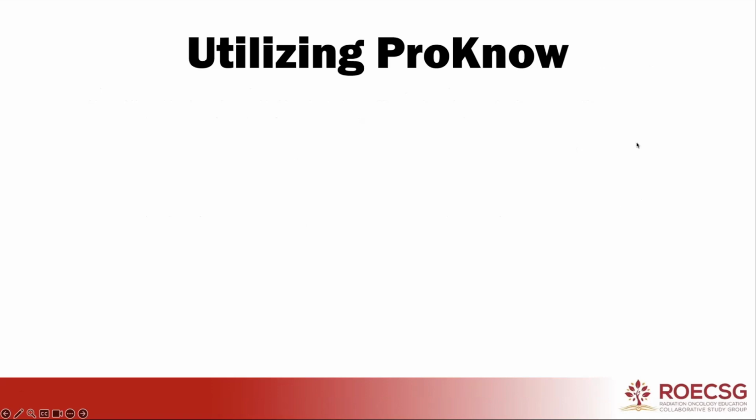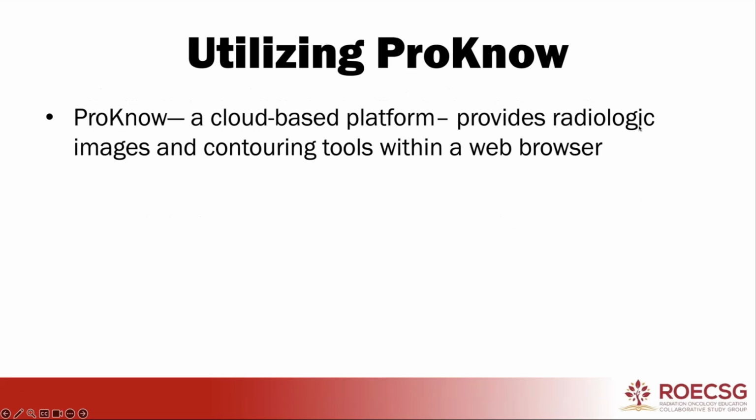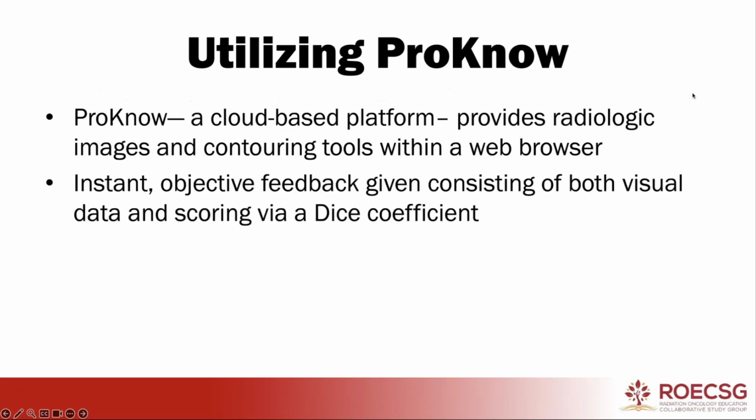So utilizing Prono. Prono is a cloud-based platform that provides radiologic images and contouring tools within a web-based platform. It's instant objective feedback that consists of both visual data and scoring via DICE coefficient.